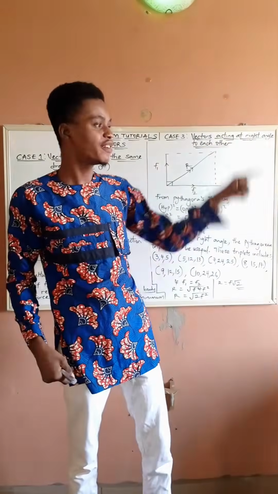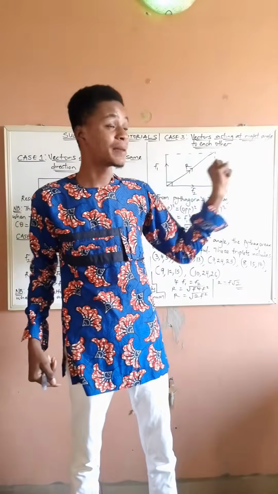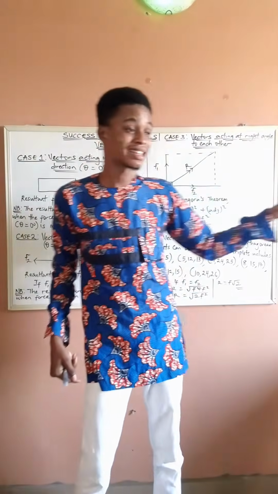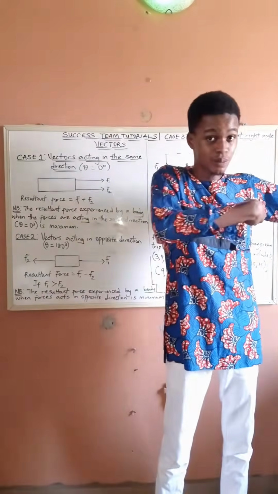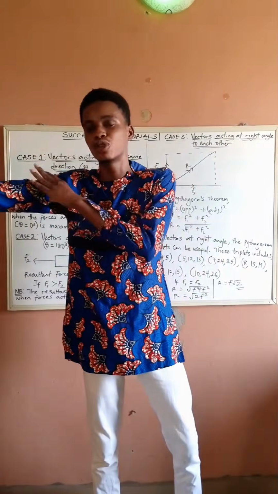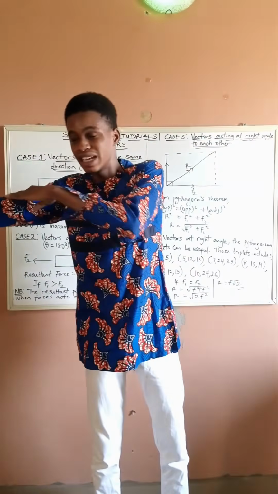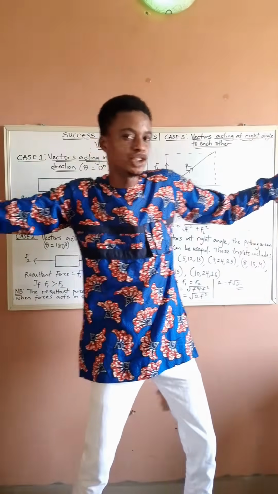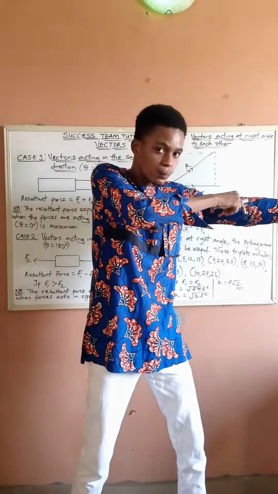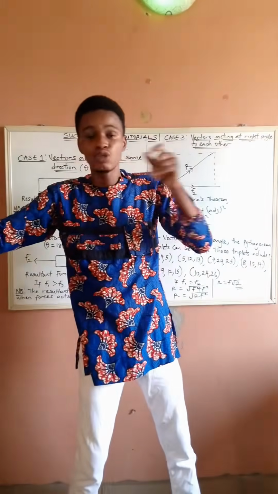For example, if the person dragging me with this hand is dragging me with 20 Newton, and someone applies a force of 10 Newton on the other hand, this 10 Newton is going to reduce the force on this one. So I'm going to have 20 minus 10, that's going to be 10 Newton.